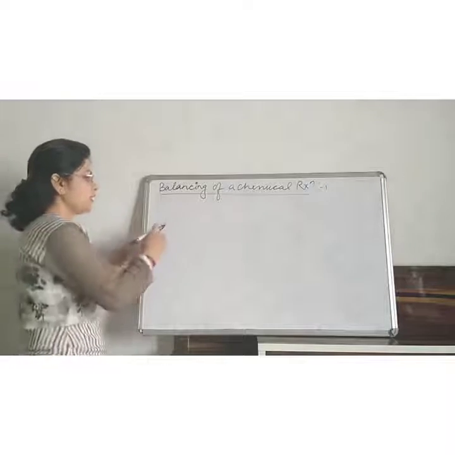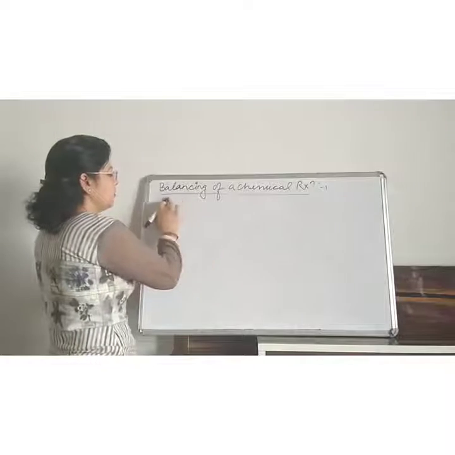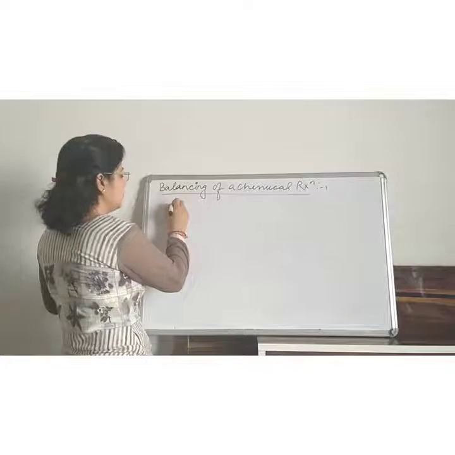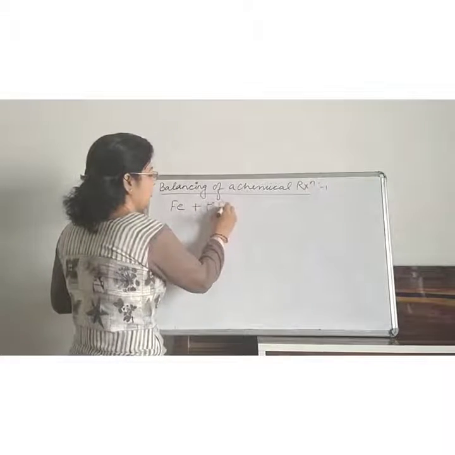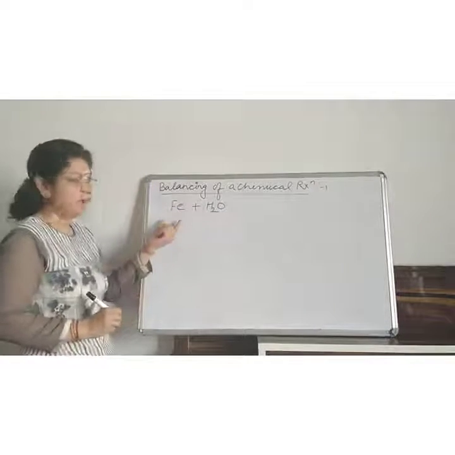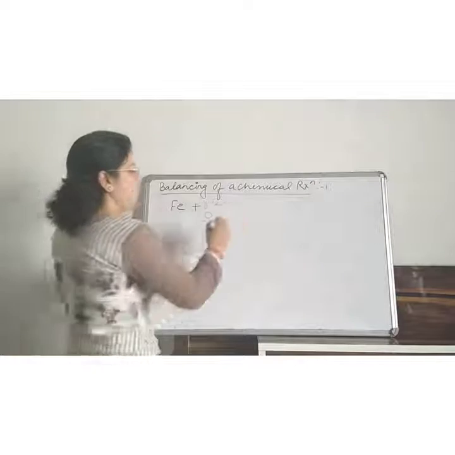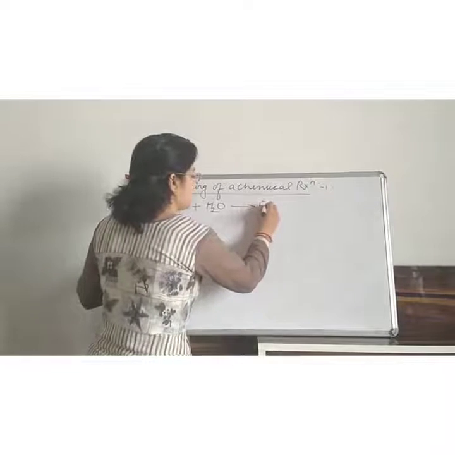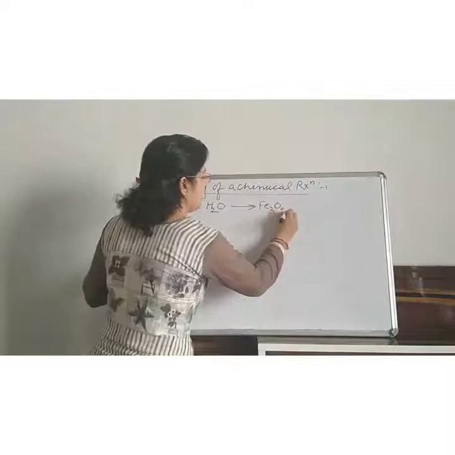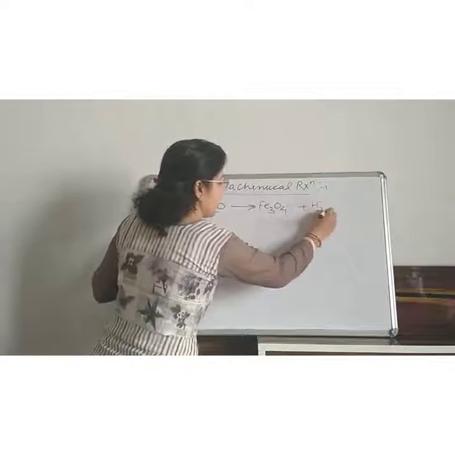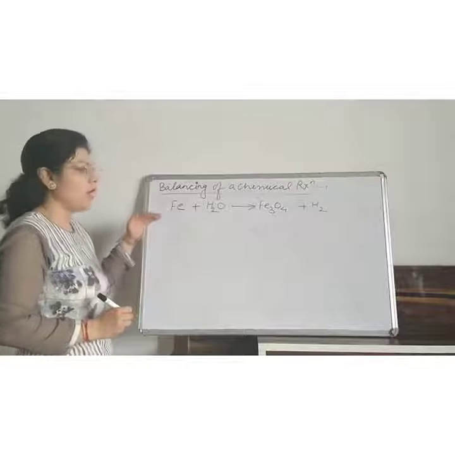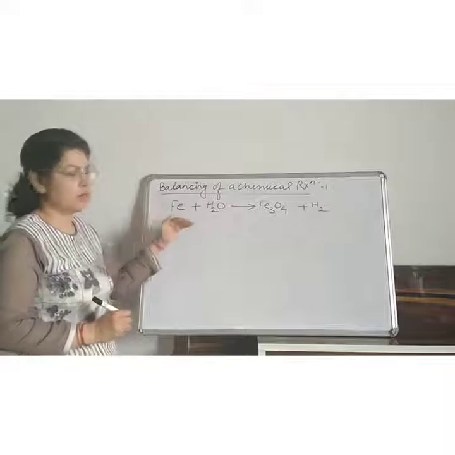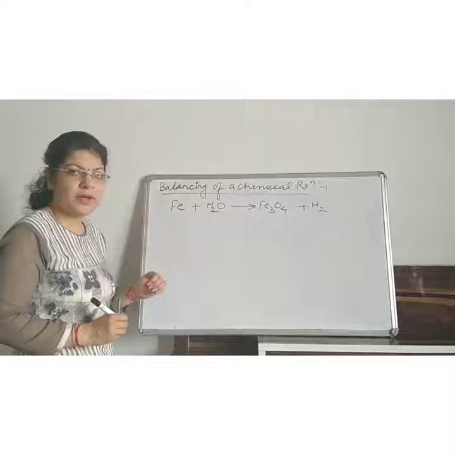So let us take the example of a chemical reaction, the reaction between iron and steam. When iron reacts with steam, it produces iron oxide along with hydrogen gas. This is an example of an unbalanced chemical reaction. How is it unbalanced?